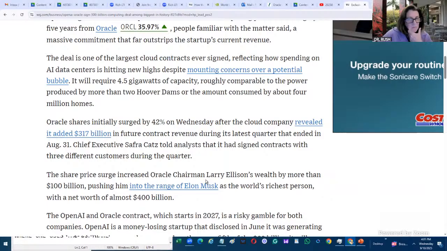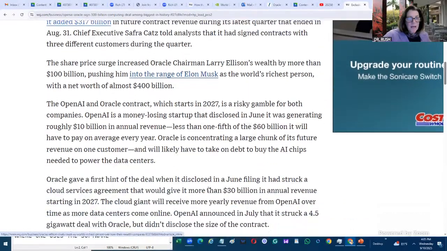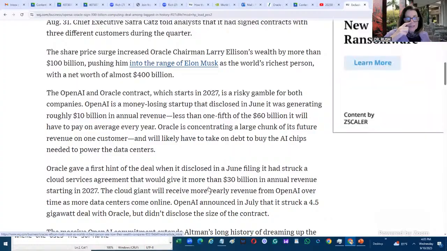He basically stepped down from being the CEO and is the chairman. And Oracle's chairman, Larry Ellison's wealth rose by more than 100 billion, pushing him into the range of Elon Musk. And it's a risky gamble for OpenAI, a money-losing startup generating less than a fifth of what it will pay.